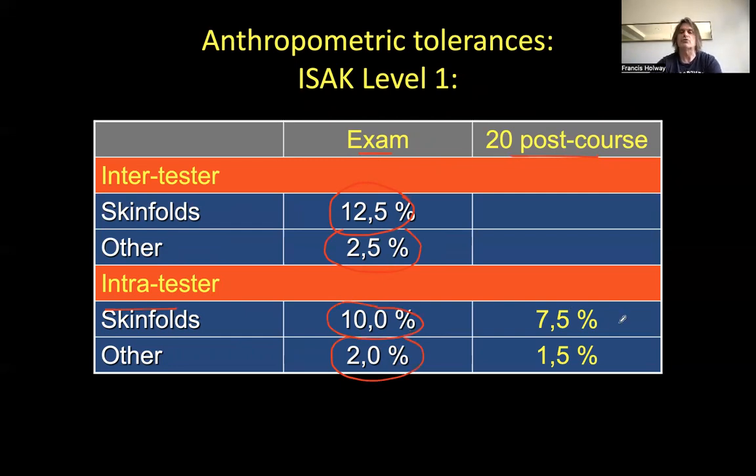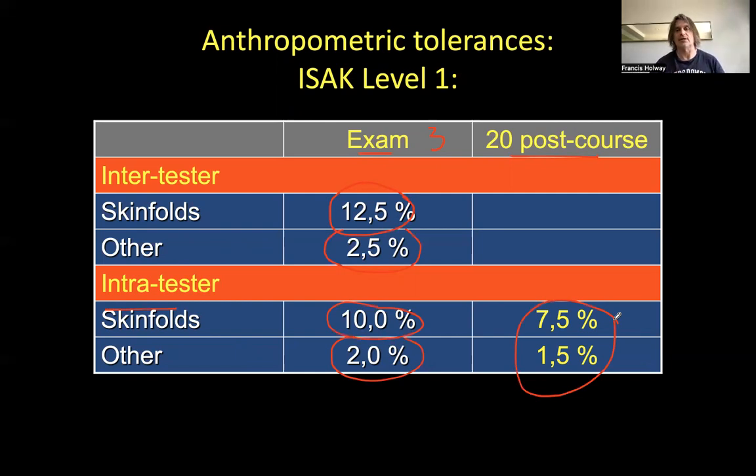Now, in the post-course 20 profiles, because you're doing more measures, 20, instead of the 3 subjects you measure at the exam, what does that mean? It means that error diminishes, plus you have more practice. So the error tolerances are smaller. Are they achievable? Yes, they are achievable.